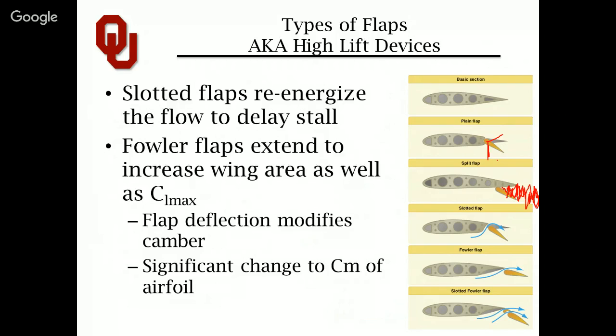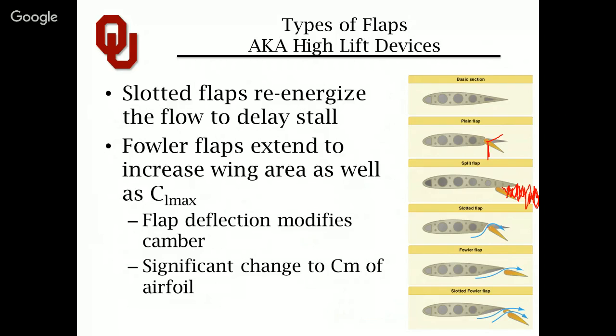You just get a ton of drag and very little increase in lift. So a slotted flap actually uses the passage of air through this gap to re-energize the flow, to essentially restart the boundary layer at a somewhat new stagnation point on that flap. So then it starts undergoing the same adverse pressure gradients and similar flow scenarios that we've discussed with airfoils in general.